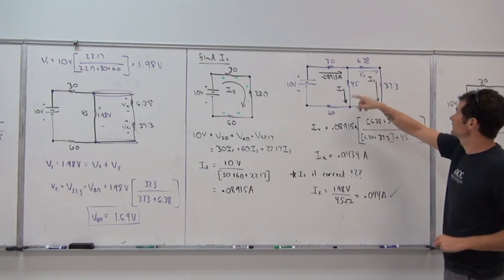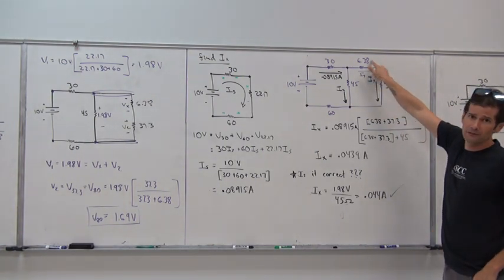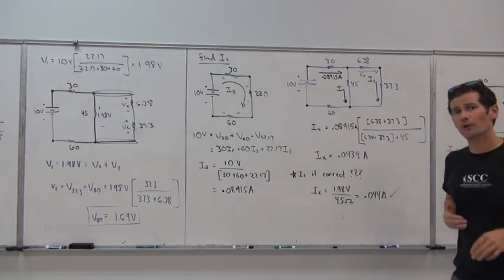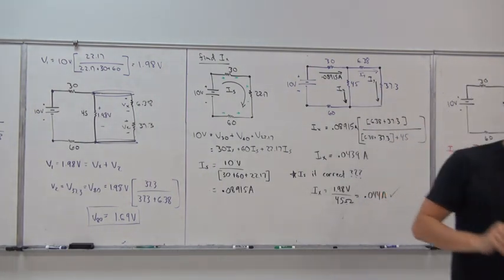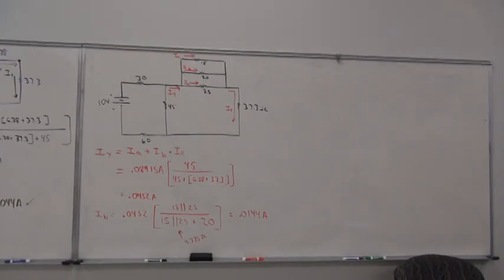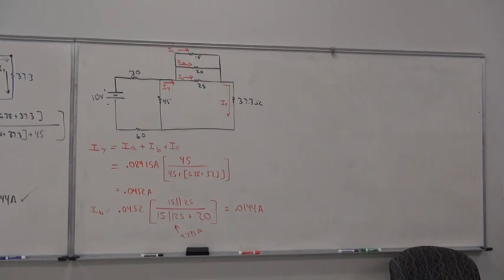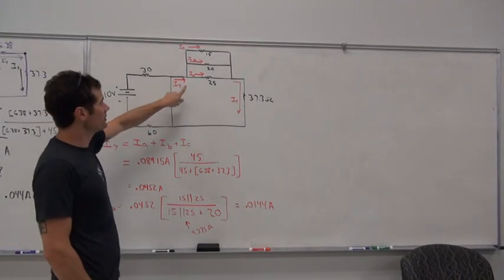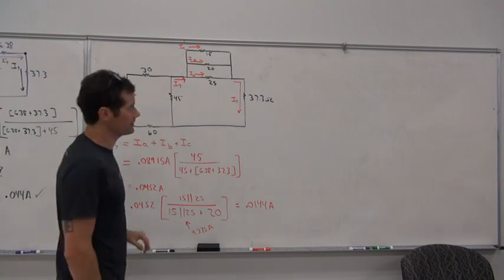So let's actually take a look at one of the currents that's going to divide up here in the three parallel elements that make up 6.38 ohms of equivalence. All right, let's take a look. Sure enough, I redrew the circuit in such a way because I want you guys to get that visualization here.